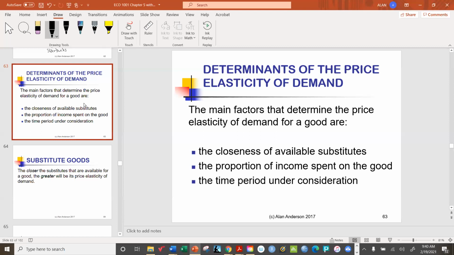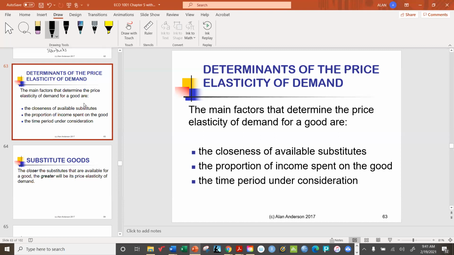So in general, the more expensive a product is, the higher the price elasticity of demand will be. As a rule of thumb, the more expensive something is, the more sensitive people's demand will be for that product.